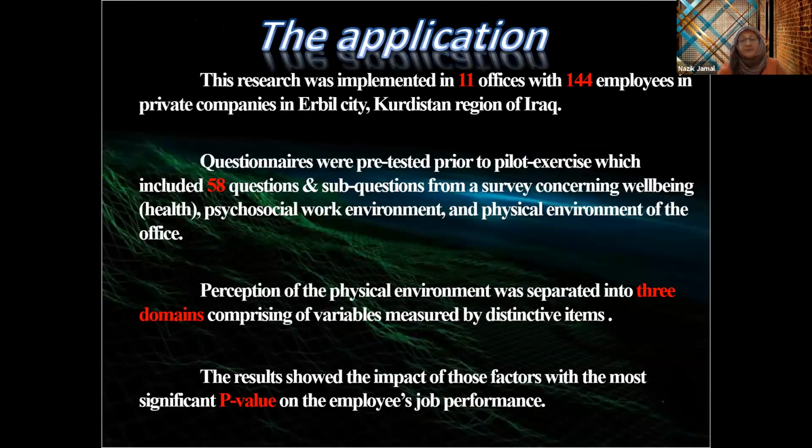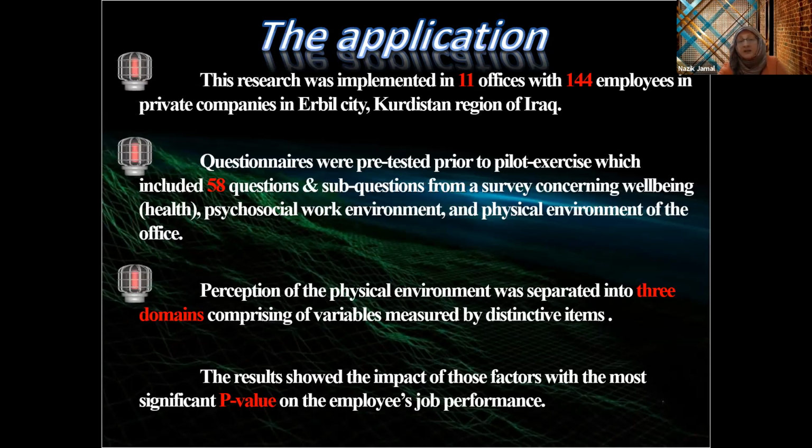The application. This research was implemented in 11 offices with 144 employees in private companies in Erbil city, Kurdistan region of Iraq. Questionnaires were pre-tested prior to the pilot exercise, and include 58 questions and sub-questions from a survey concerning well-being, like health, psychosocial work environment, and physical environment of the office.